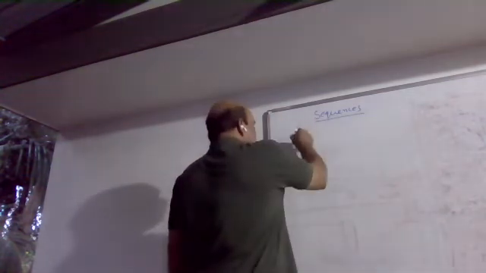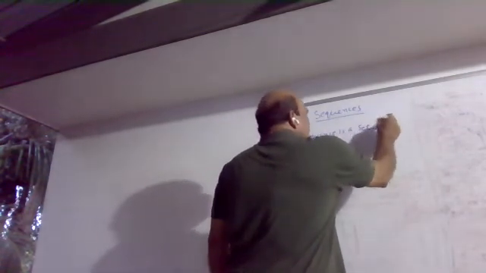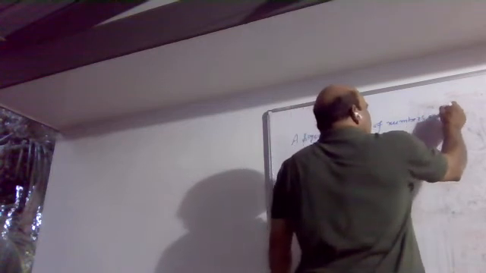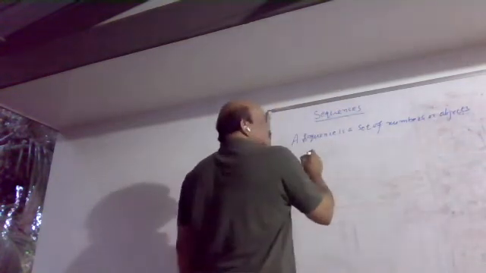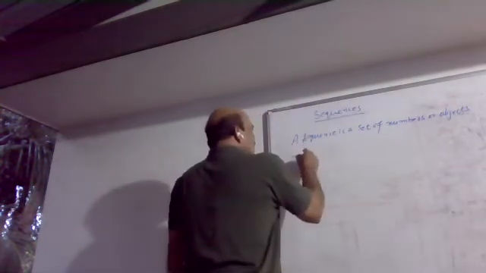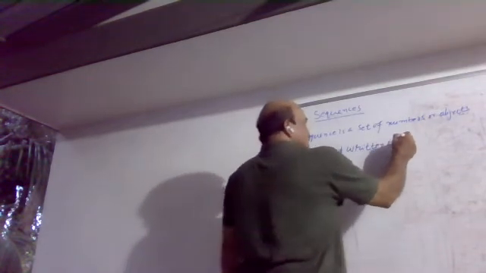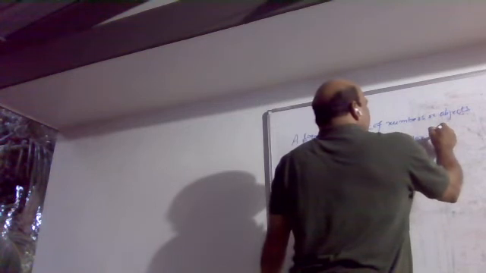So a sequence is a set of numbers or letters or objects, made and written in order, which obeys a mathematical rule.